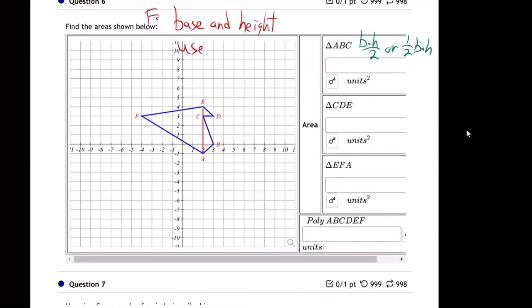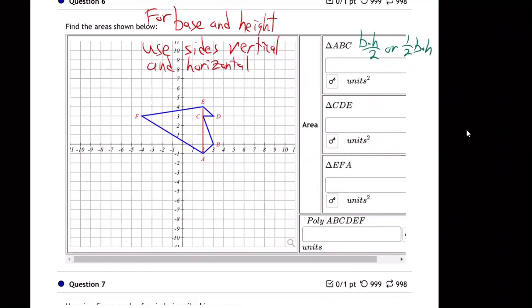So for base and height, I'm changing this. Use sides that are up and down, vertical, and horizontal, right?